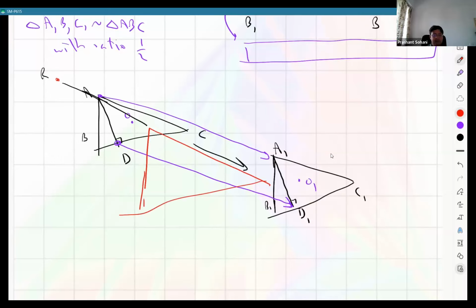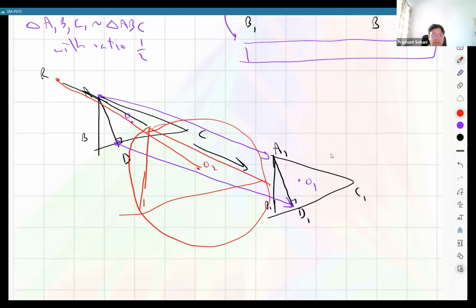So the triangle has increased in size, but do you see that the circumcenter of the original triangle, if I apply the same homothety to that, O will go to a new position O2, let's say? The O2 is going to be the circumcenter of my new larger triangle. So the circumcenter has moved, the circumcircle has also moved and increased in size. So the circumcircle will be twice the size. Everything gets nicely translated.